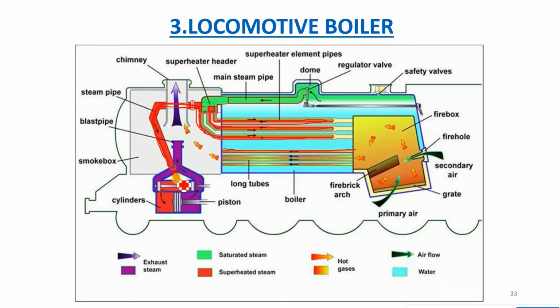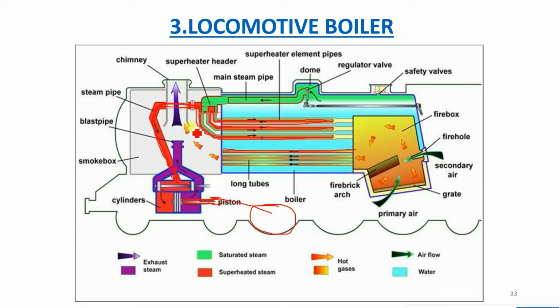So this steam runs the reciprocating engine, and the piston of the reciprocating engine is connected with the connecting rod, and the connecting rod is finally connected with the wheel, and the wheel rotates. As the wheel rotates, the locomotive moves.